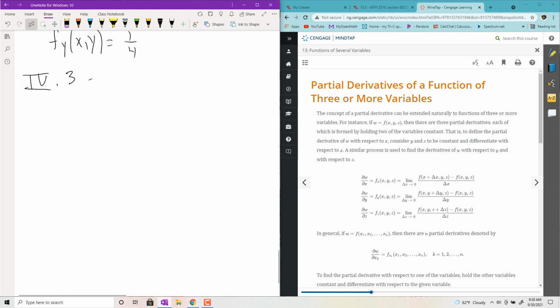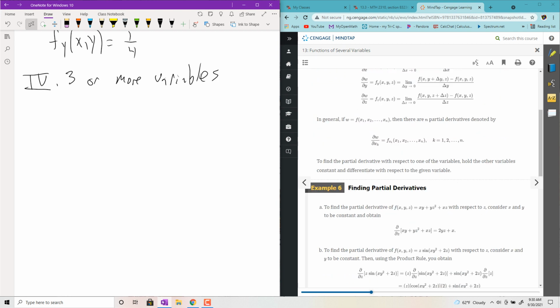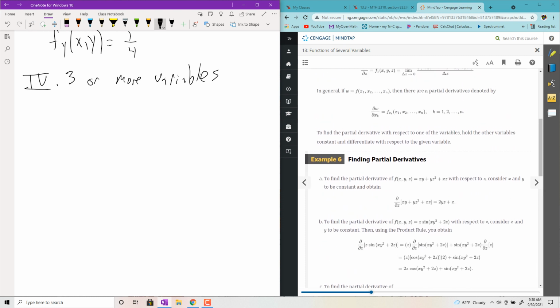So now we're looking at 3 or more variables, and it's basically the same thing. You just let one of the variables be variable and then consider the other 2 constant.